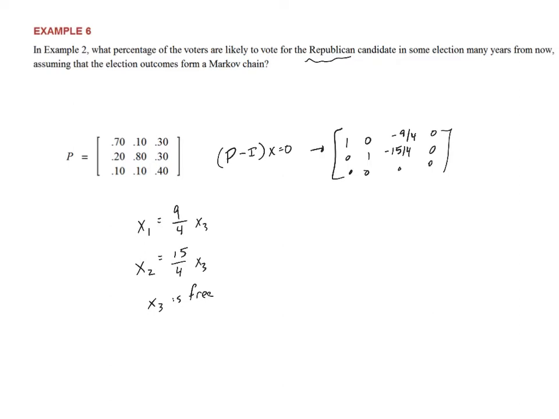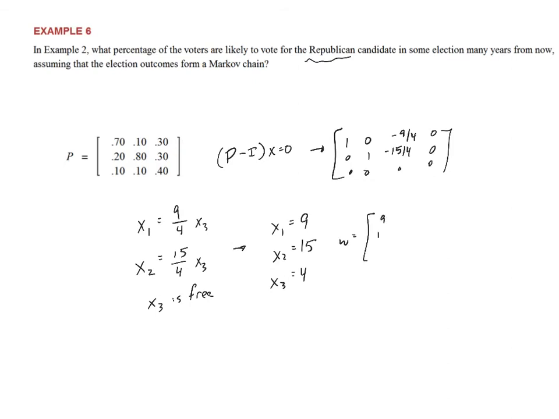If we choose a nice number, like let's say, 4, then x3 would equal 4, x2 would equal 15, x1 is 9. That solves the system. This solves the system, and we'll say that is our W vector.